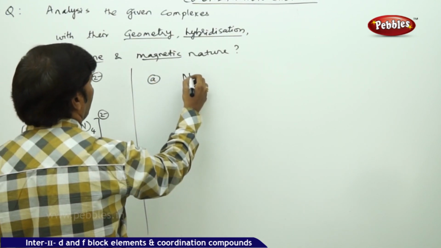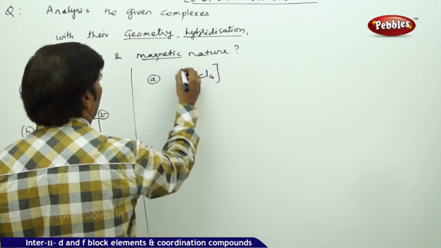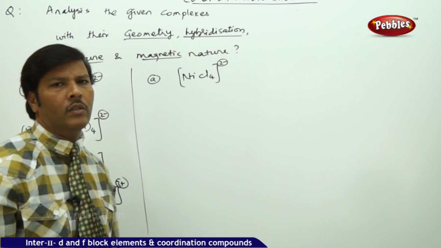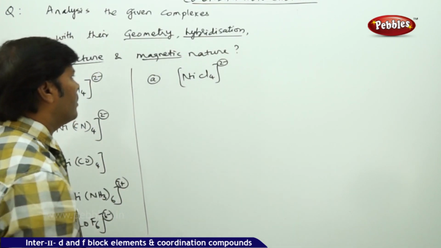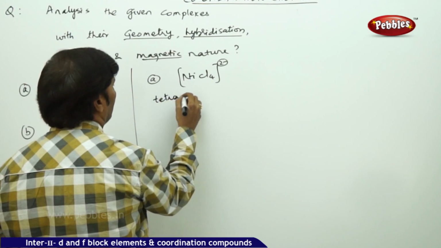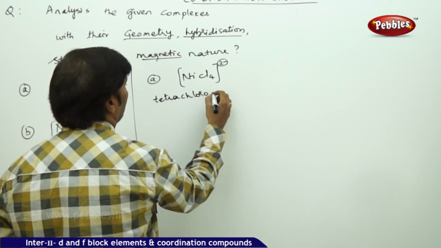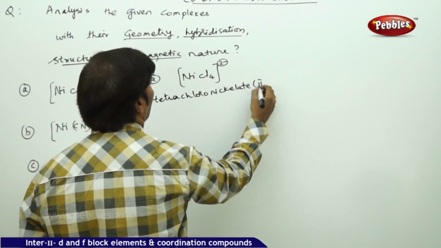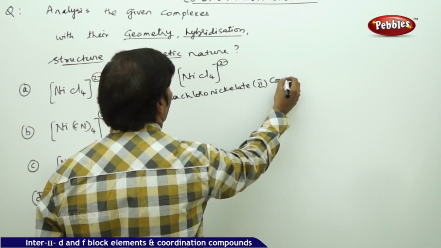If I take the tetrachloronickelate(II) complex, it's an anionic complex. Nomenclature: this is tetrachloronickelate(II) complex.